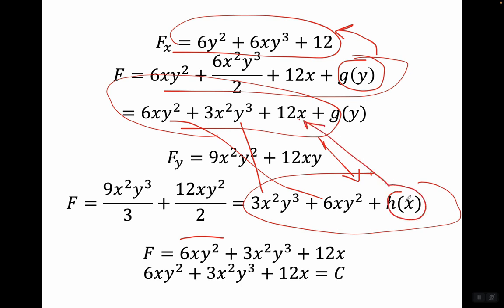And this doesn't have any function of y in it, so it looks like this is going to work. So in this case, f is 6xy² + 3x²y³ + 12x. So our general solution is going to be 6xy² + 3x²y³ + 12x = c. That's the general solution to this differential equation.